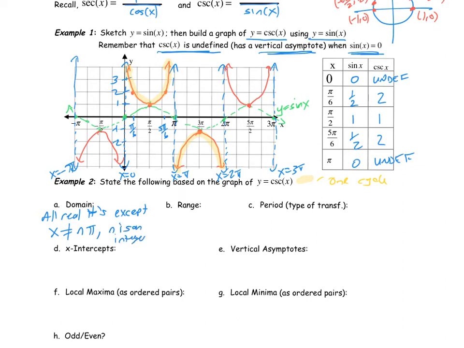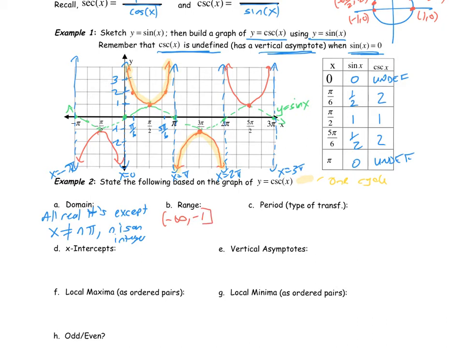Okay, the range is going to be all y values. So if we start at -infinity, we see we have all those values, -infinity, up until -1. So that's going to be the first part of our range. So our range is going to be -infinity to -1 inclusive.